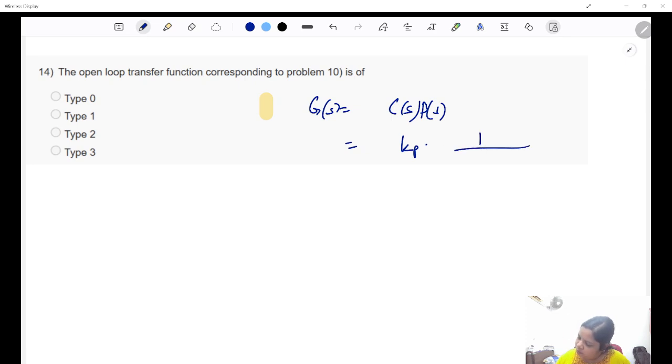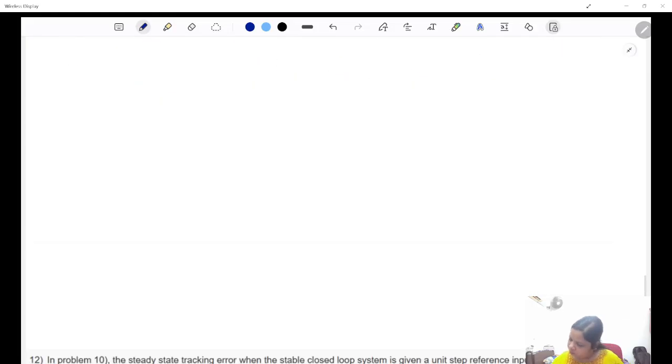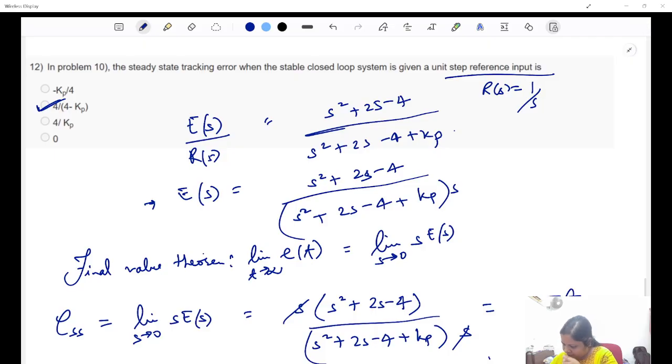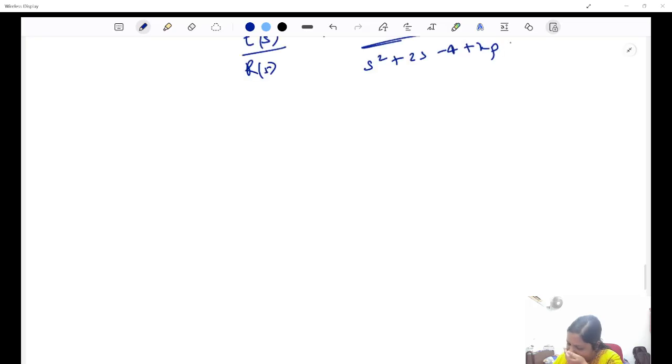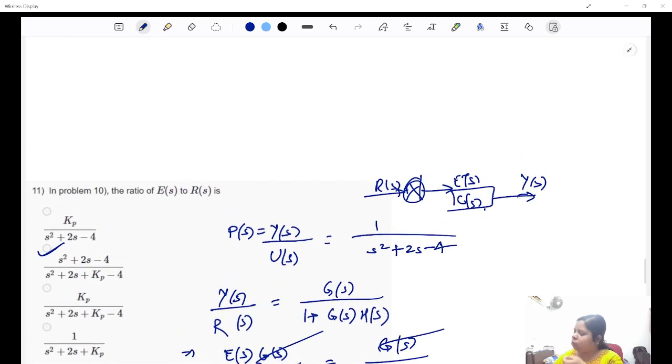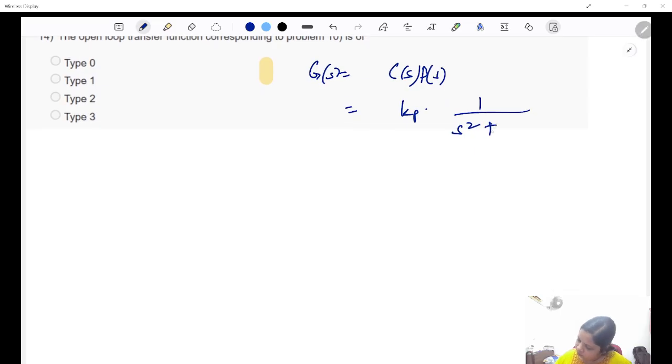P(s) was 1 upon s square plus 2s minus 4. This is my C(s) into P(s). So from here it is Kp upon s square plus 2s minus 4.